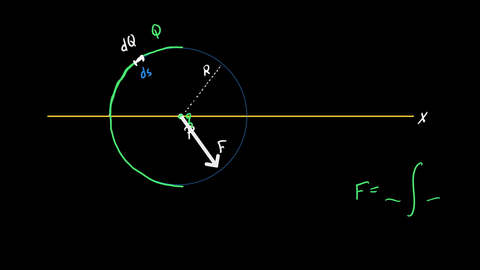And maybe it's located an arc length of s away from the x-axis. This is a way I can start this problem. I don't know that arc length is the way to go, but it's a way I could start this problem.